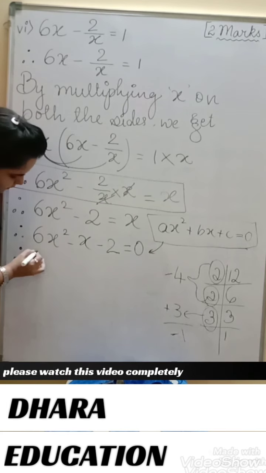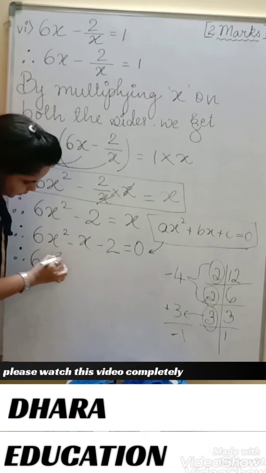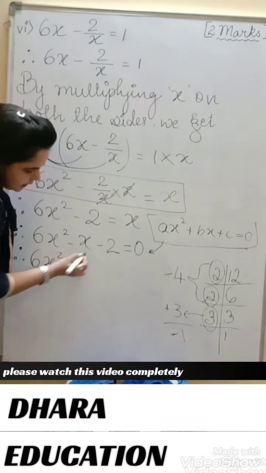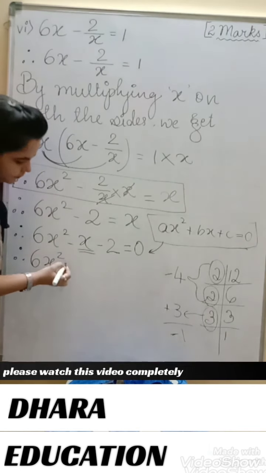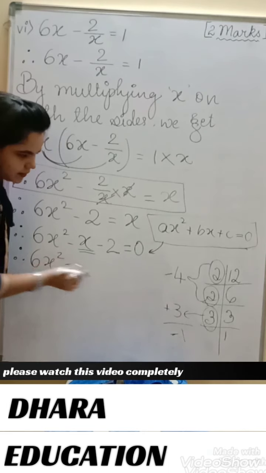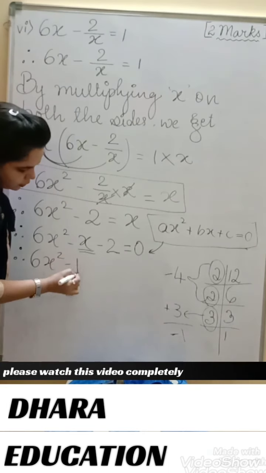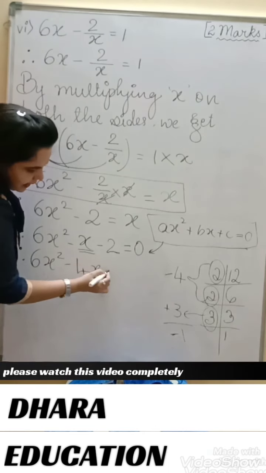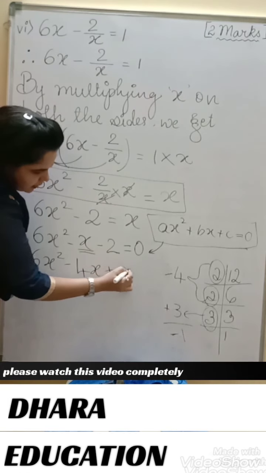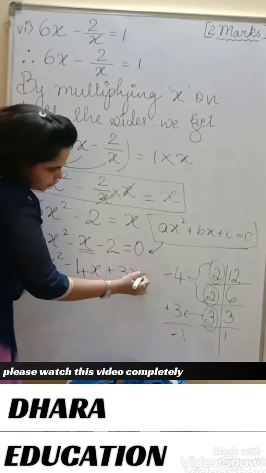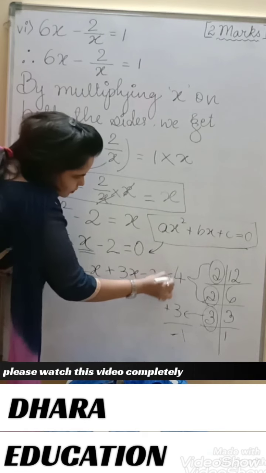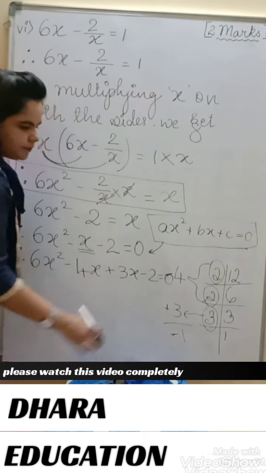So the first term will be as it is, 6x square, as we know. Then we are splitting this middle term. So minus, first we will take 4x and plus 3x minus 2 is equal to 0. Okay.